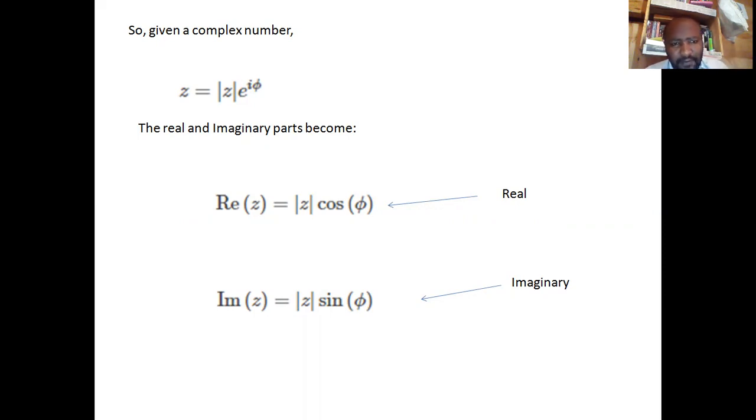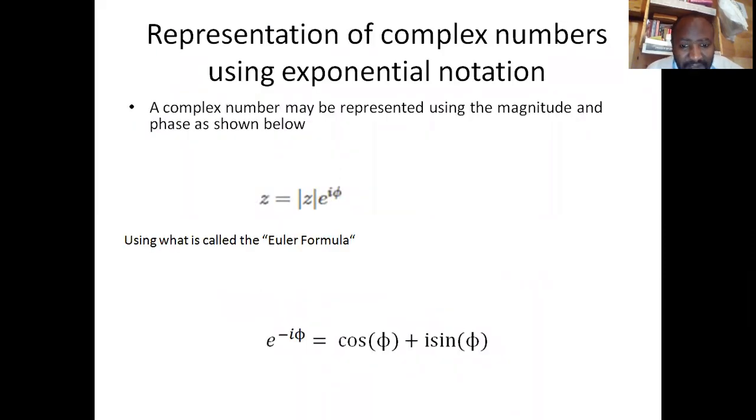The real part of the complex number written in the exponential notation is equal to the magnitude multiplied by cos phi. That is the real part. And the imaginary part is the magnitude multiplied by sin phi. And those relations are a consequence of Euler's formula.